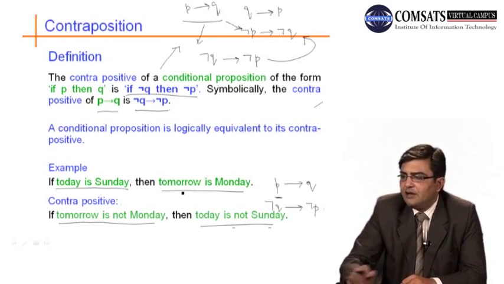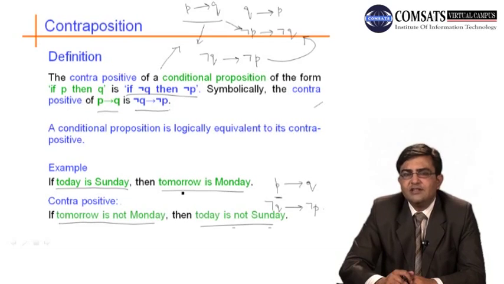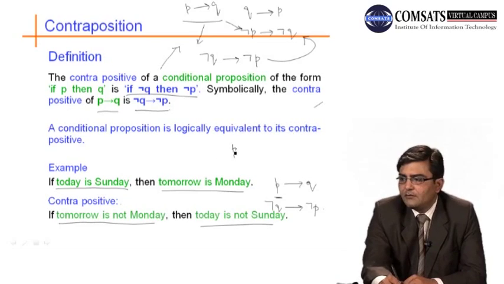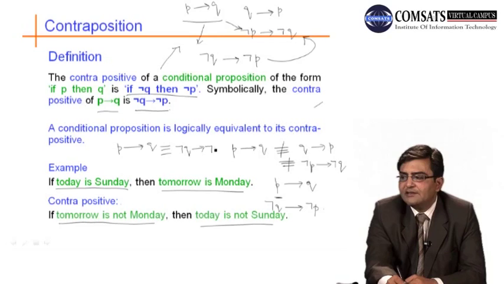One more thing: I have told you that the converse and inverse of the conditional statement P implies Q are not logically equivalent to it. It means P implies Q is not logically equivalent to Q implies P, and also not logically equivalent to not P implies not Q. But the contrapositive of a conditional statement is logically equivalent to its conditional form P implies Q. That is, if we have P implies Q, then its contrapositive, not Q implies not P, is logically equivalent to this statement.